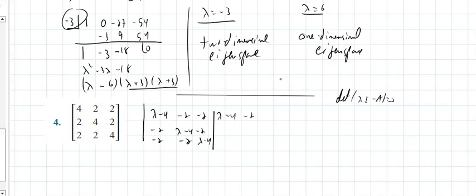So a bit of algebra is required, and that is lambda minus 4 cubed plus 8, plus 8.